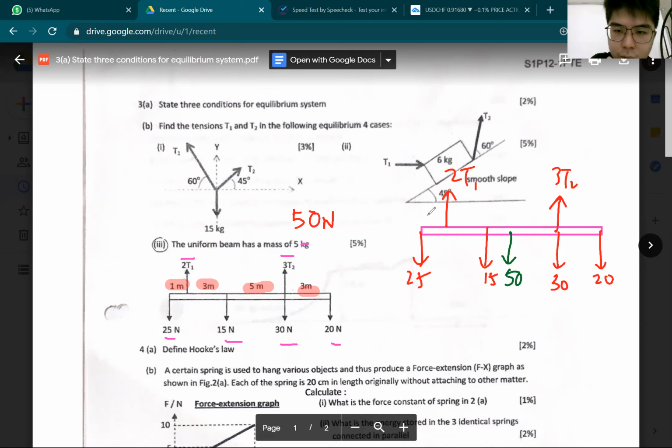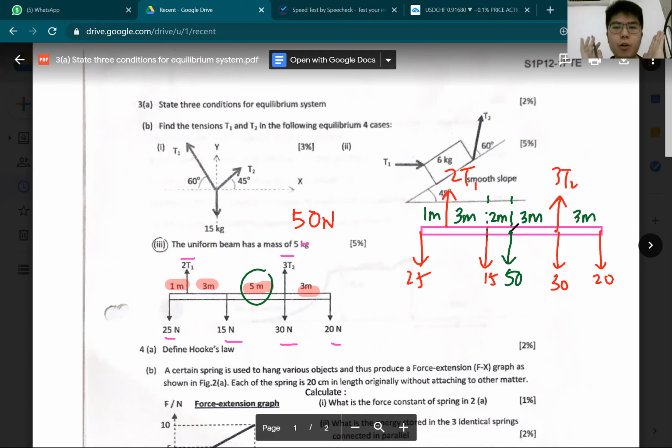And here is 1 meter, 3 meter, and this is 2 meter, and then here is 3 meter, and here is 3 meter. So this 2 and 3 meters together is 5. You have to know where the force is acting. First, you have to know where it is acting. So at the center here.